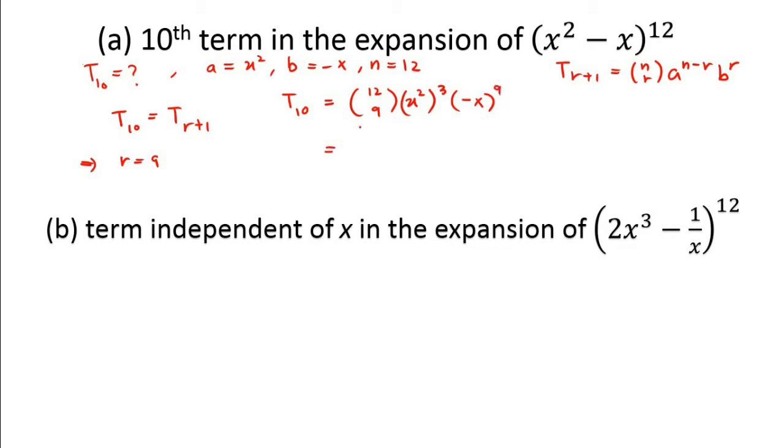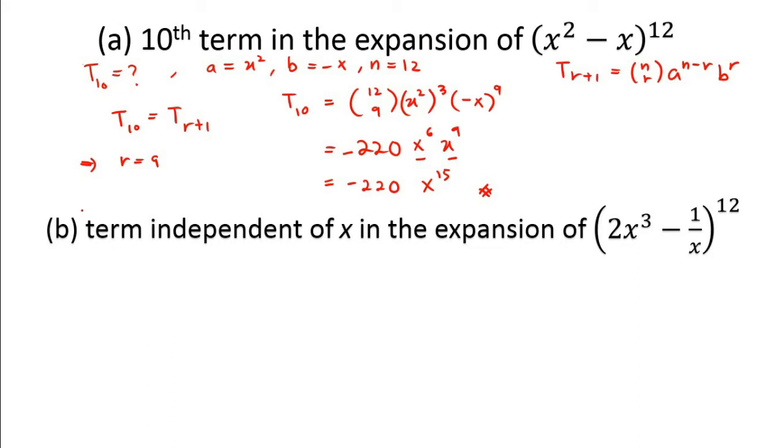So finding your 12C9, that should be 220 of x to the power of 6. Please remember your indices rules, and then the negative would be brought in front, then you should have x to the power of 9. But both have the same base, which is x, so compile them together, you would have the final answer as negative 220 x to the power of 15. Okay, so that should be your 10th term.